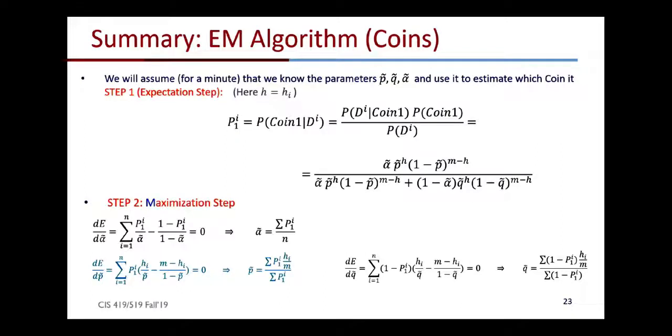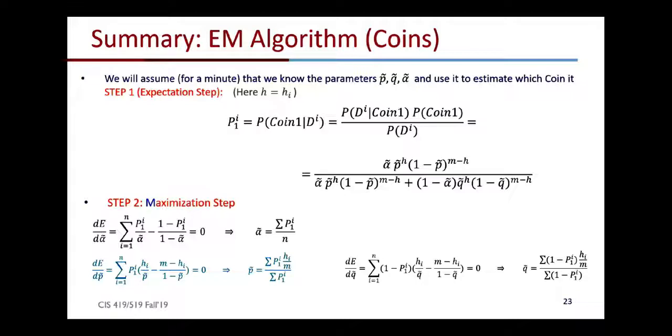Okay, summary. That's the algorithm. The algorithm has two steps. Step one is the expectation step, which is the labeling step. We just guessed parameters, and using these guessed parameters, we use Bayes' rule to label the data. We computed this fraction here, which gives us the fractional labels.